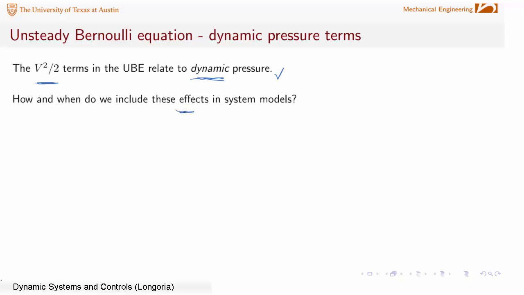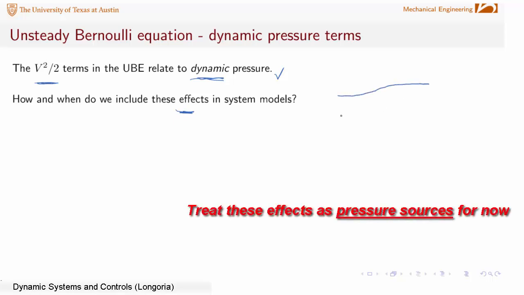So when you need to include those effects in your model, and sometimes, recall you might have a converging nozzle or a diverging nozzle, and there's differences due to dynamic pressure across here.